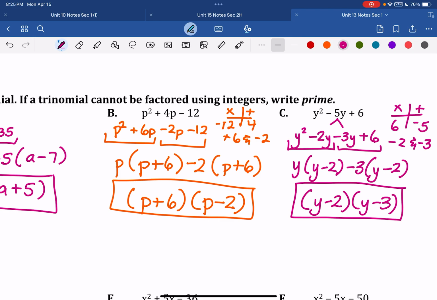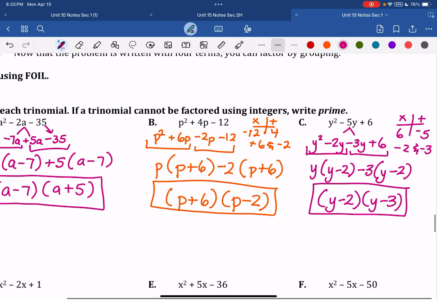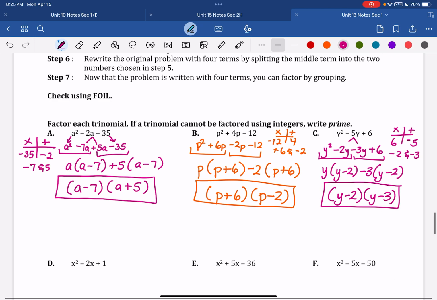So there is a shortcut that you may have noticed. This number is that number. This number is this number. Did that same thing happen in our second grouping? We had positive 6 and negative 2.